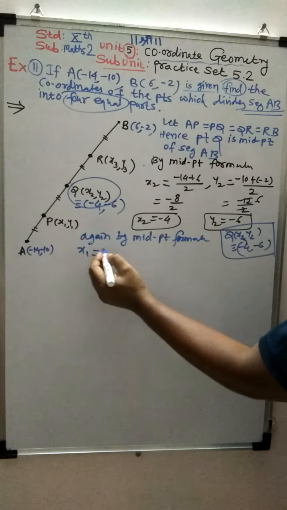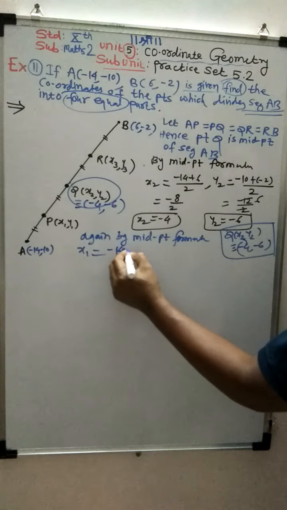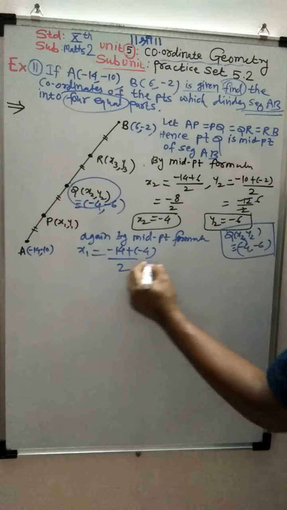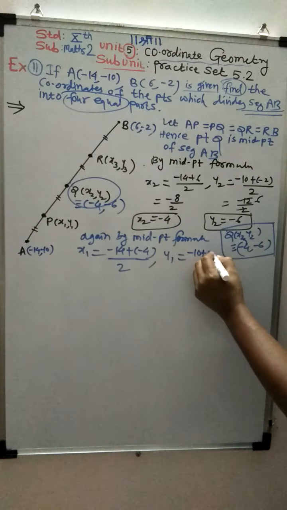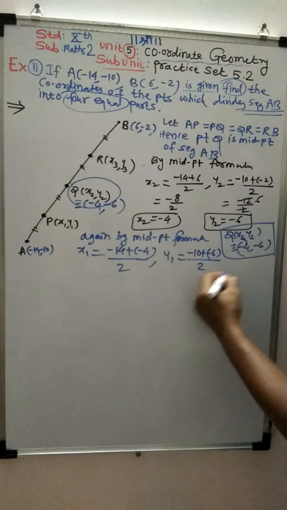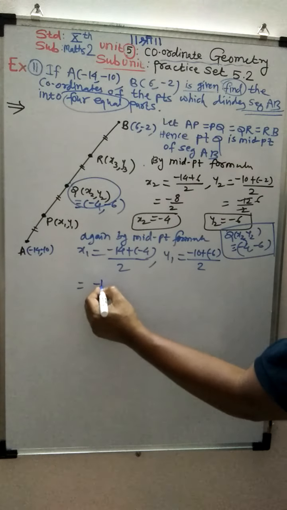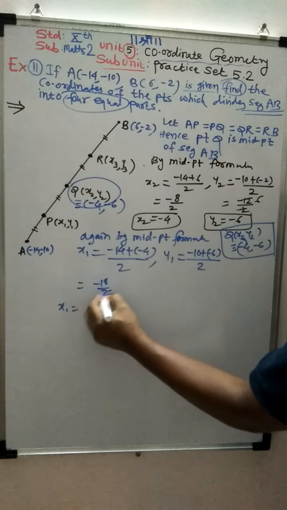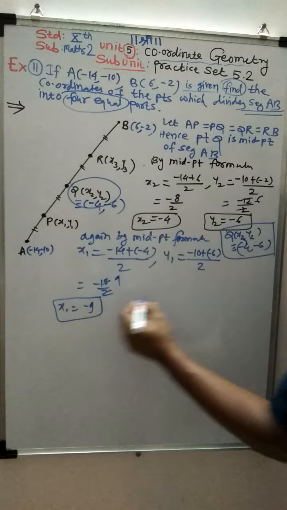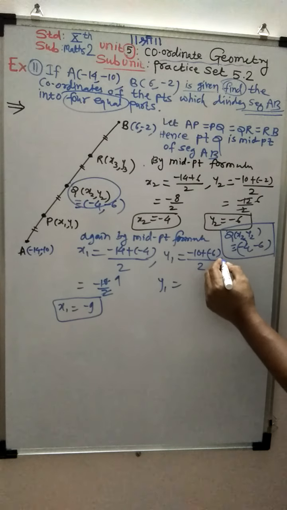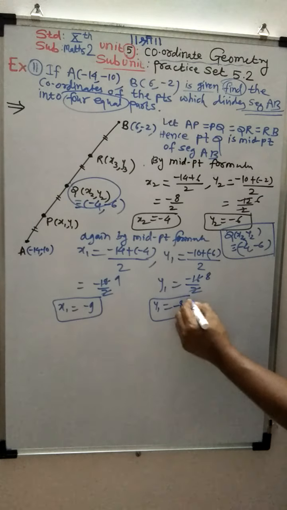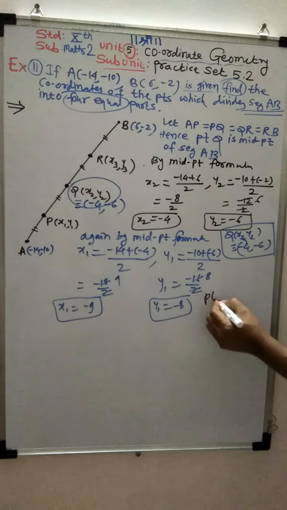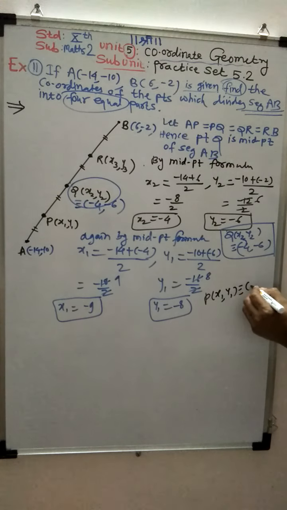Now we find the coordinates of x1 = (-14 + (-4))/2, y1 = (-10 + (-6))/2. So -14 - 4 is -18 divided by 2, x1 is equal to -9. And y1 is equal to -10 - 6 is -16 divided by 2, y1 is equal to -8. So we write down the coordinates of P, (x1, y1), gives (-9, -8).